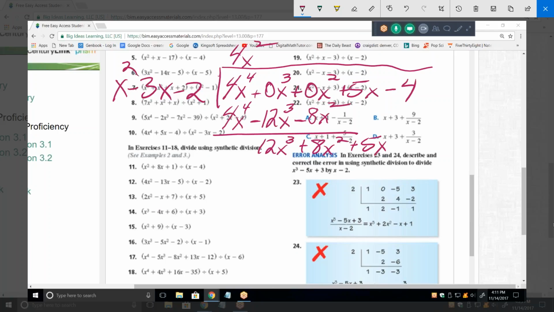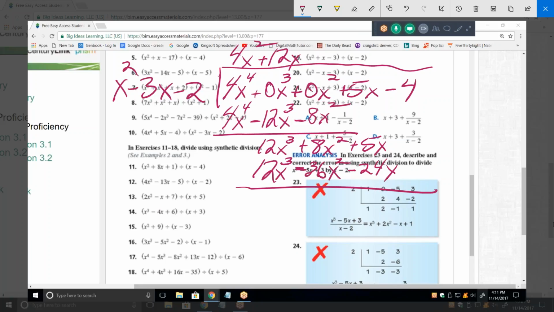It's the next term in the quotient. All right, so positive 12x. 12x to the third minus 12 times 3 is 36x squared minus 12 times 2 is 24x.